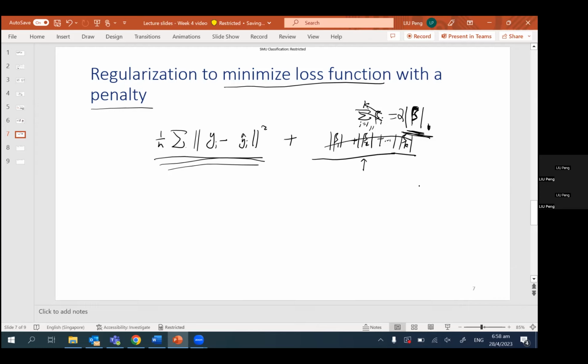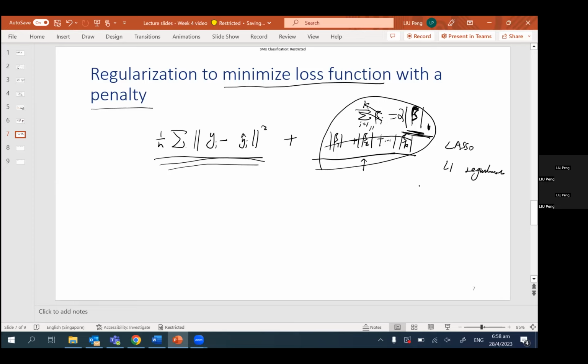So it turns out this is a very useful way to control the model complexity such that it is regularized, and it also introduces so-called sparse estimation. This is called lasso. This is typically what we know as lasso, or it's also called L1 regularization.